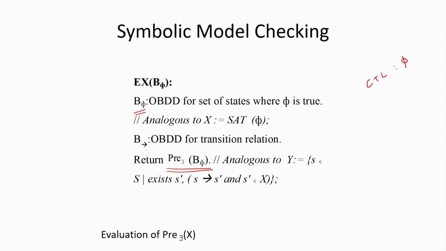This looks for the predecessor states: states S such that from S there is a transition to S dash, and S dash belongs to X. That is what the predecessor operator does. Finally it returns a BDD that represents the set of states having a transition to this set X, that is, the states where the formula EX phi is true.